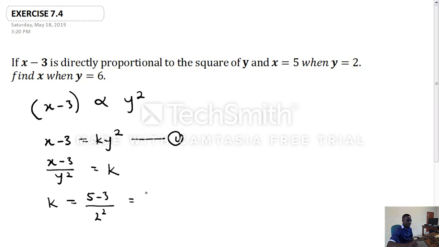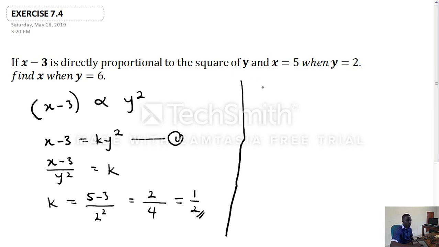This is equal to 5 minus 3 is 2 divided by 2 squared is 4, and when you simplify this, it's going to give you 1 over 2, because 2 is a factor of 2 and 4. So when you divide both numerator and denominator by 2, we are going to have 1 over 2. Now we have gotten our value of k as half.